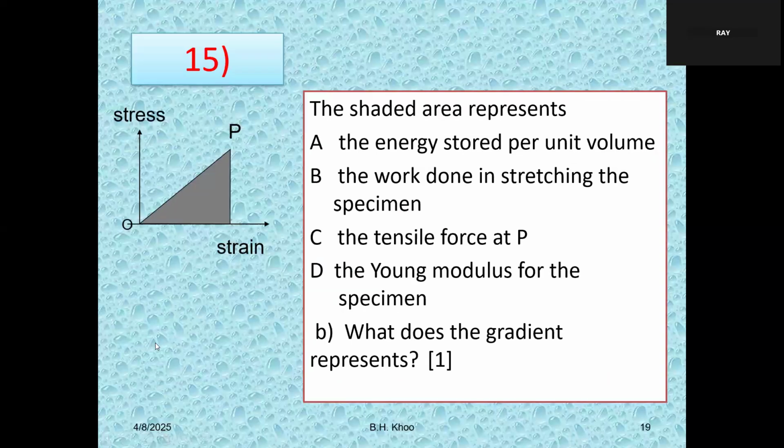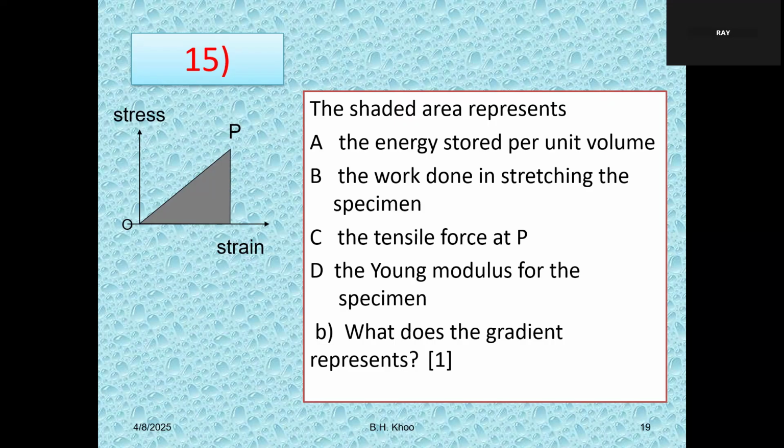This one, stress-strain graph. Young's modulus, D. Wait. Gradient is stress divided by strain. The gradient is Young modulus. The area is work done.